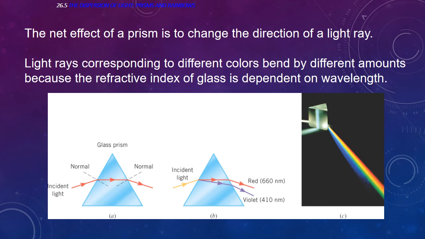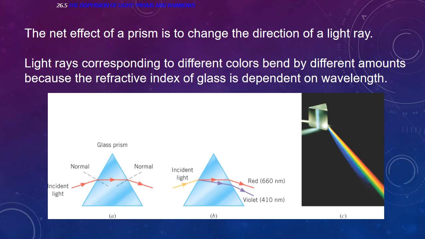Now, another way that we can make use of the bending of light is with prisms, because prisms change the direction of a light ray. And since different light colors are all present simultaneously, light coming from the sun has all of the different wavelengths of light in it.